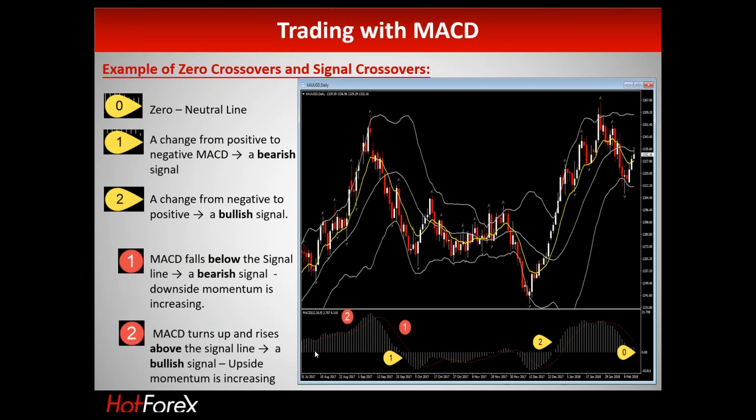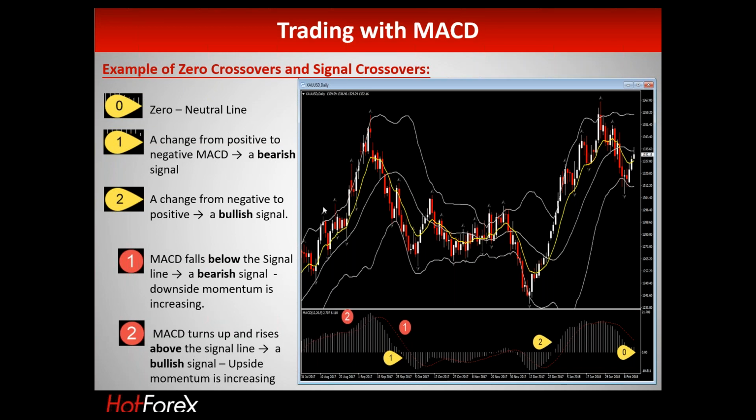The second point is when we have the vice versa. If we see our histogram, our MACD, turning up and rising above the signal line, you can see the red signal line, so we see the histogram crossing above the signal line and moving above it. That's a bullish signal. That happened from the beginning, 30th of July, then again in August, then again in September.